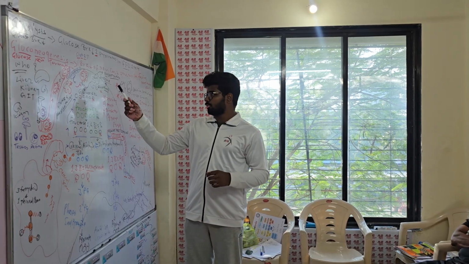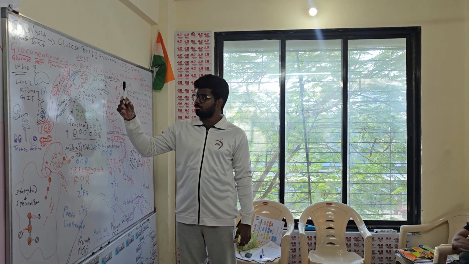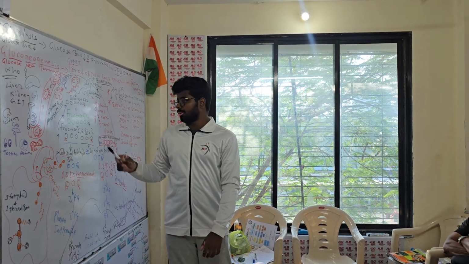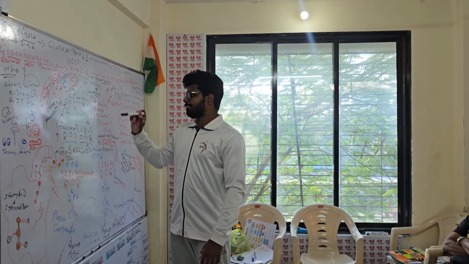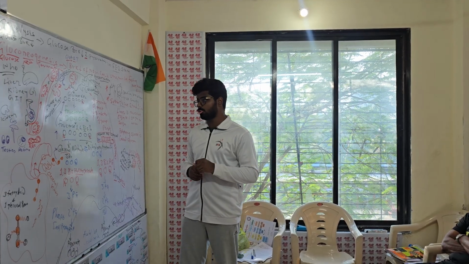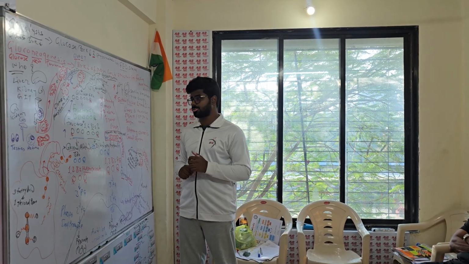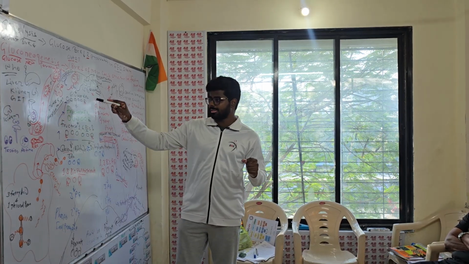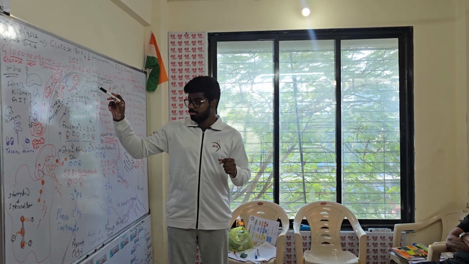Once the glucose is caught by the GLUT 2 transporter, we have an enzyme known as glucokinase, which is responsible for adding a phosphate at a carbon position of glucose.